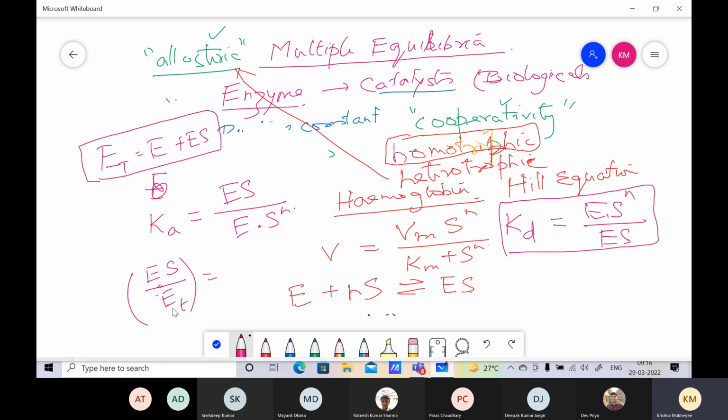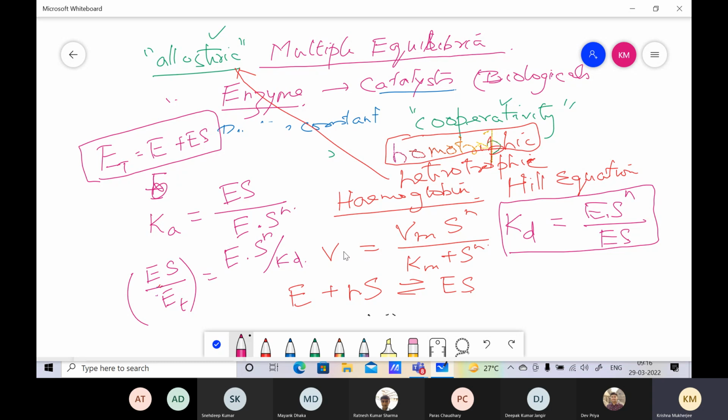In the same way as we did everything else. So ES is equal to E into S raised to n by KD, right?